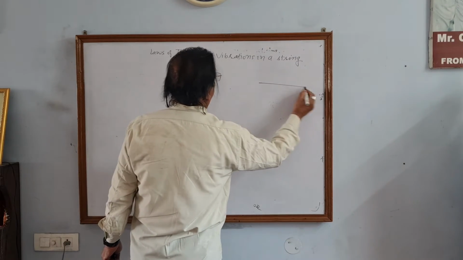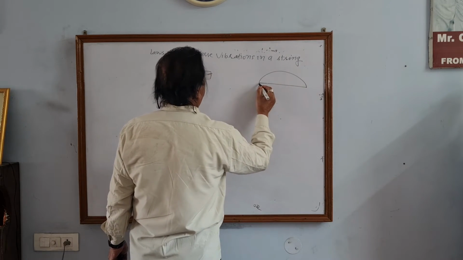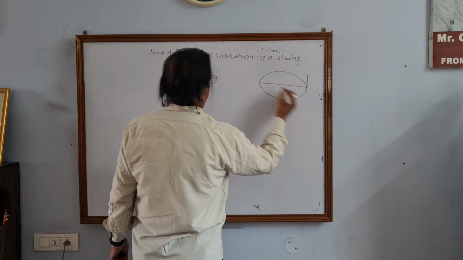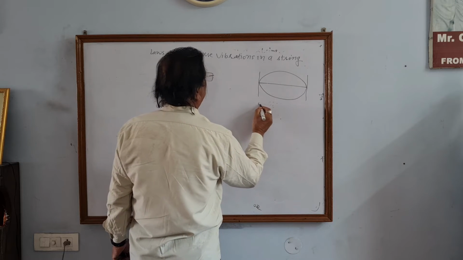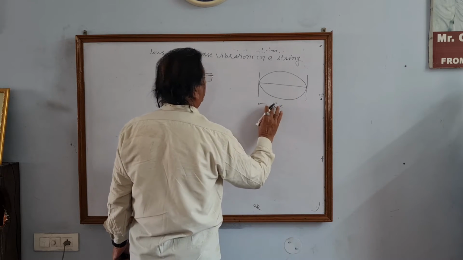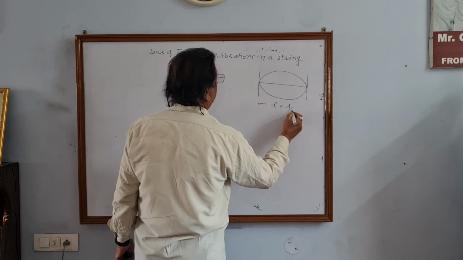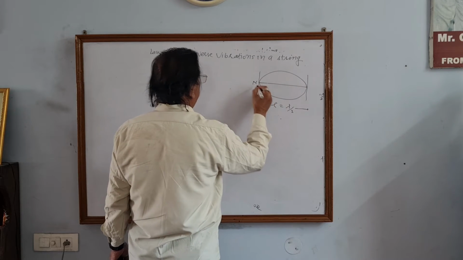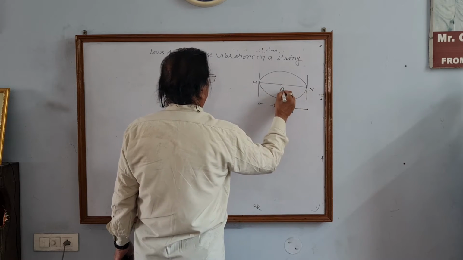When string is made to oscillate in one segment, then the length of the string is lambda by 2, because this is node, this is node, this is antinode.